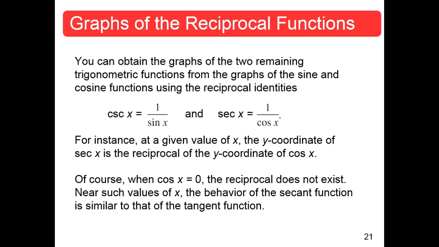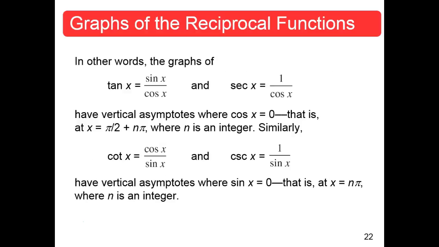Draw the appropriate sine or cosine. And everywhere you have a 0, draw a vertical asymptote. Okay. And near those, the secant is similar to tangent because they're in the same places. We'll get there. So in other words, the graph of tangent, which is sine over cosine, and secant, which is 1 over cosine, have the same vertical asymptotes.